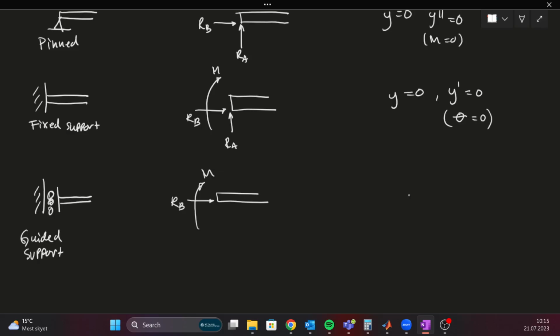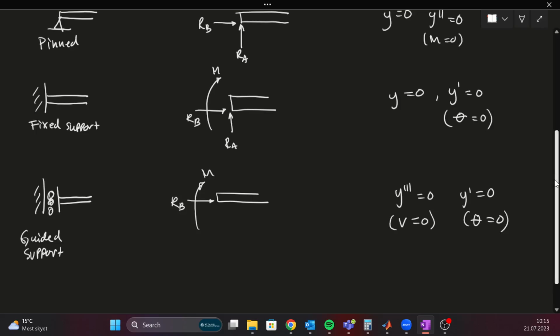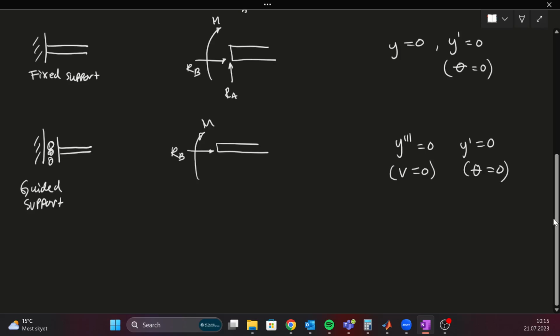For this, we have the boundary conditions y triple prime equals 0 and y prime equals 0. This means that the shear force is equal to 0. This means that the angle is equal to 0. Okay.